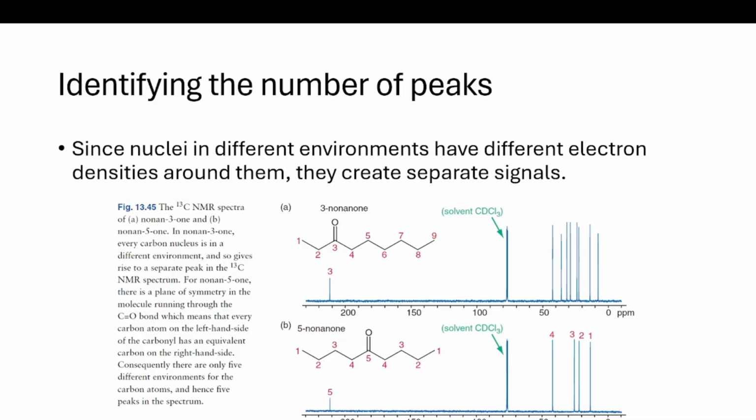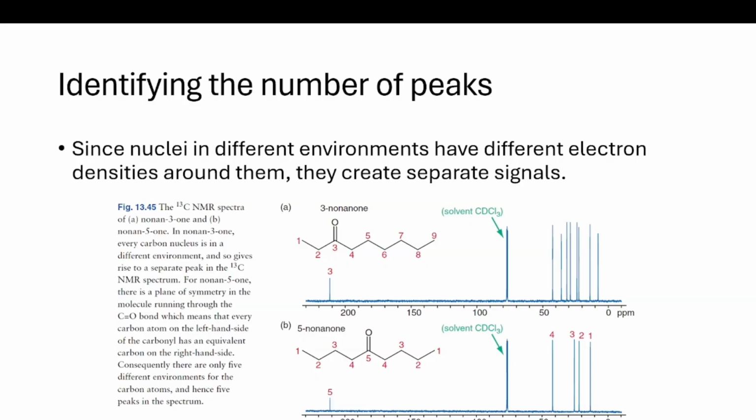So, when it comes to identifying the number of peaks that you're going to get in your NMR spectrum, whether it's for carbon or proton NMR, it's important to recognize that there are going to be carbons in different electron environments with different electron densities. So take, for example, this first compound, 3 non-unknown. We're going to be doing carbon NMR spectra on it. So we can see that there are going to be 9 exact NMR peaks.